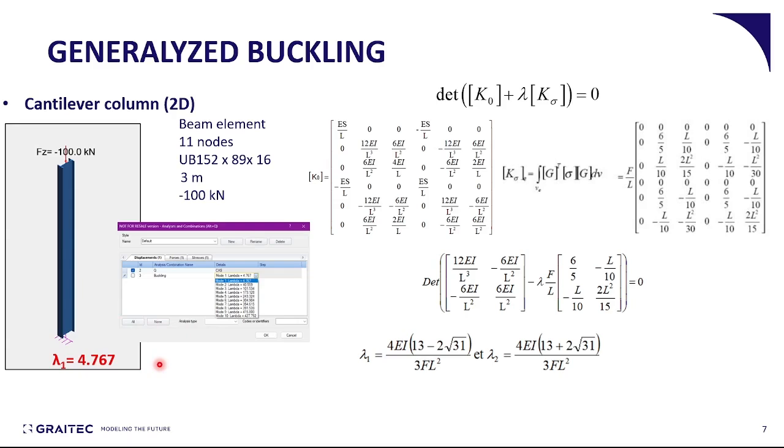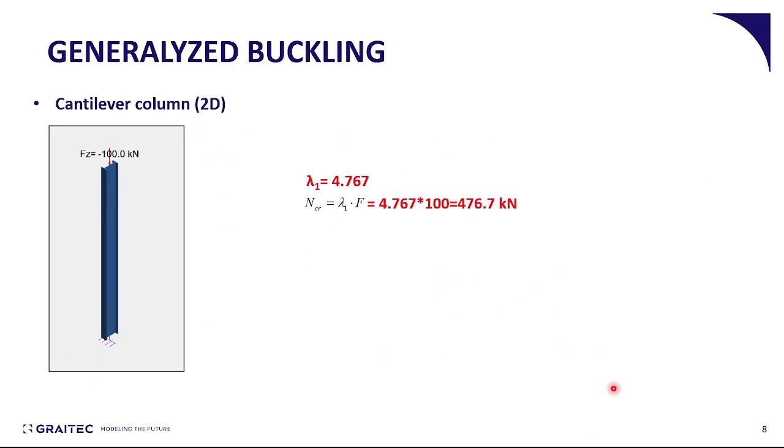4.7. The software pretty much solves the following equations as they are presented here. And of course, the critical load that corresponds to this buckling mode, the buckling mode 1, is the lambda 1 multiplied by the external load, in this case 100.